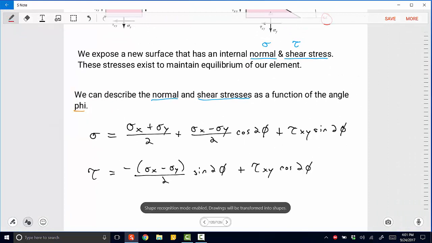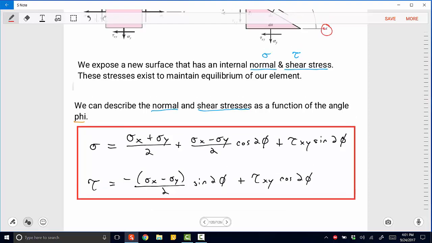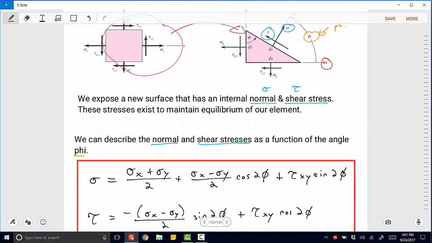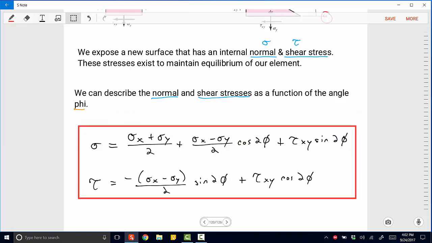So taking these two equations, we're able to cut a 2D element at any angle and find the values of the normal and shear stress that are exposed on that surface by using these two equations, right? And of course, we could derive these equations if we were asked to. But luckily, they're given to us, and we're going to use them. We're going to exploit these two equations to explore different values of normal and shear stress at different angles of phi. So let's do that.